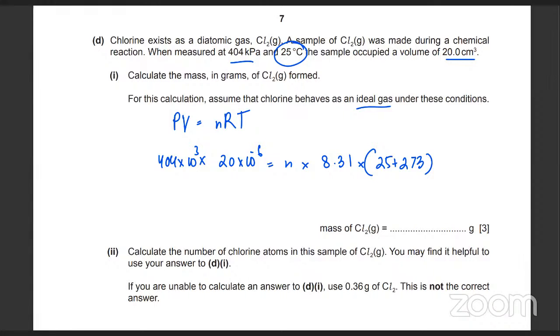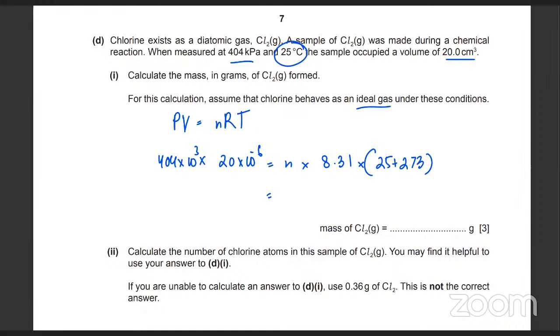You have to be very careful. That's multiplied by 20 × 10^-6, and that gives you 8.08 divided by 8.31, and then you divide by 298. So anyways, I'm getting 0.2.